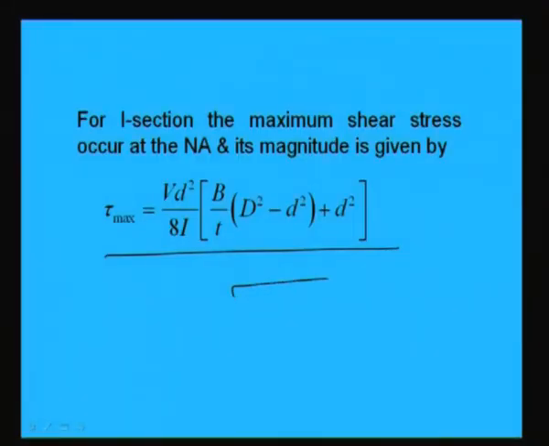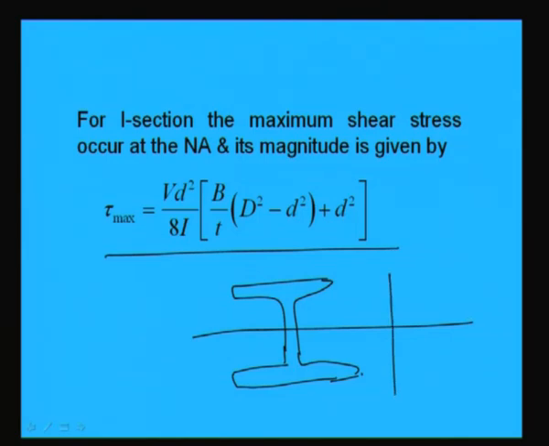In that case, the calculation will be a little complicated. So, if we have an I section, what do we have to do? We have to find out where tau max will be, if we see the diagram.